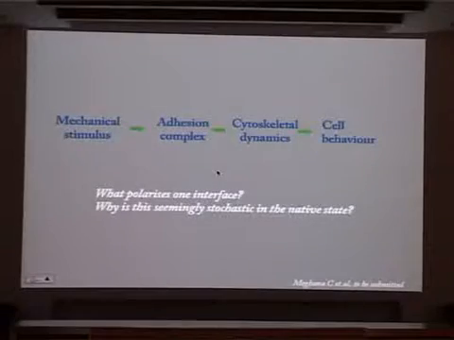And I think what we don't quite understand yet is how that one interface that it makes with all its nearest neighbors is polarized. And what, if anything, accounts for the stochasticity in the same kind of pattern that happens in the native state.